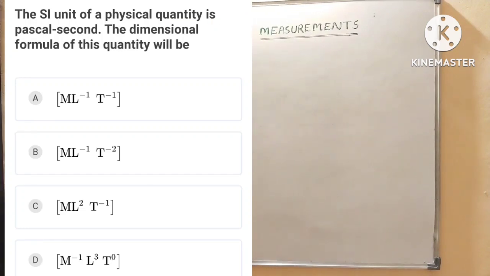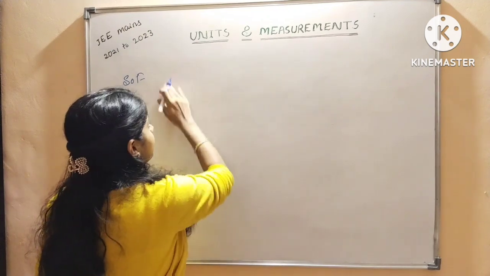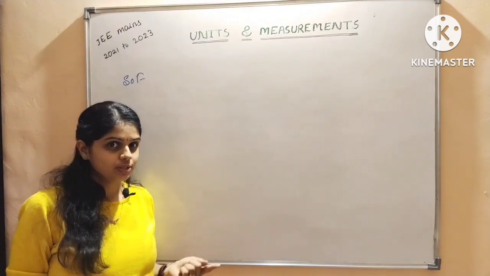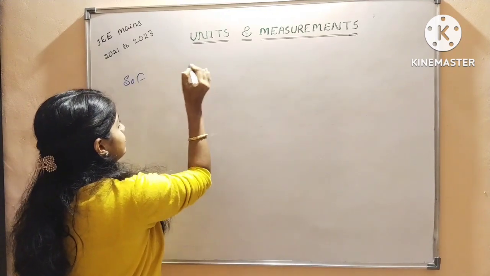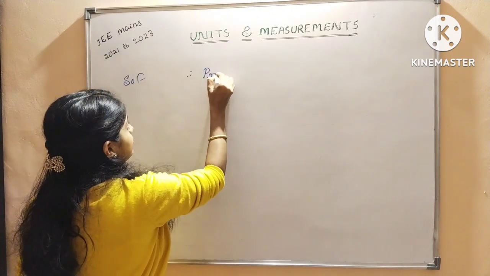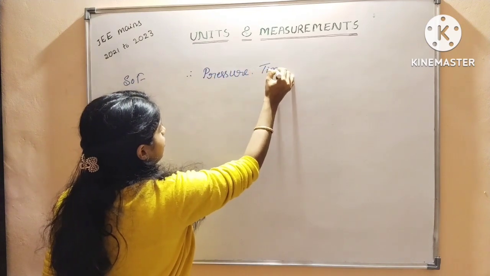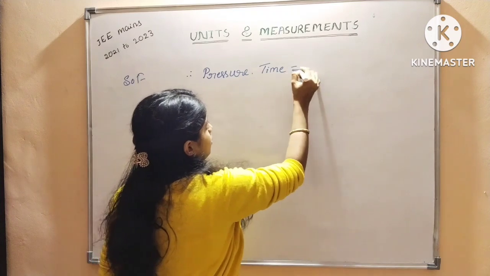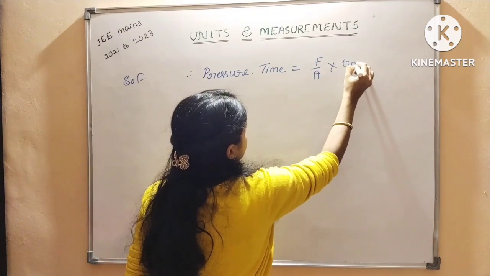Here in this question, they have asked the dimension of Pascal second. Pascal is the unit of pressure, second is the unit of time. Therefore, the dimension of pressure into time equals, what is pressure? Force by area into time.